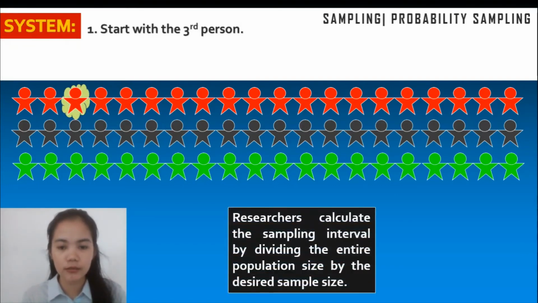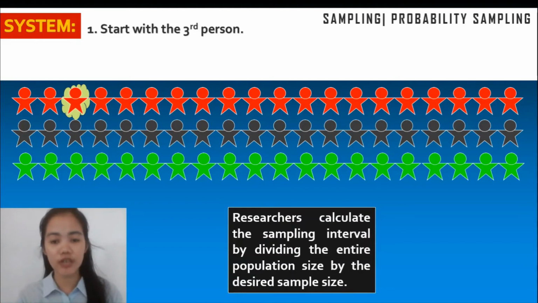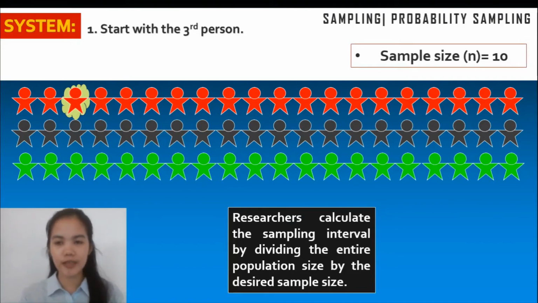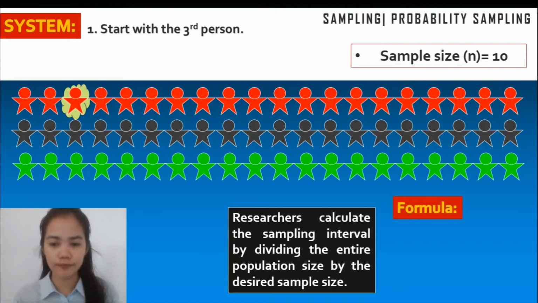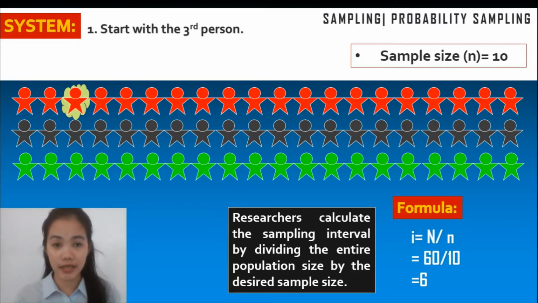And then, most researchers calculate the sampling interval, or the k, by dividing the entire population size, 60, by the desired sample size. Let's say our desired sample size is 10. So, divide the entire population by the sample size. 60 divided by 10 is 6.